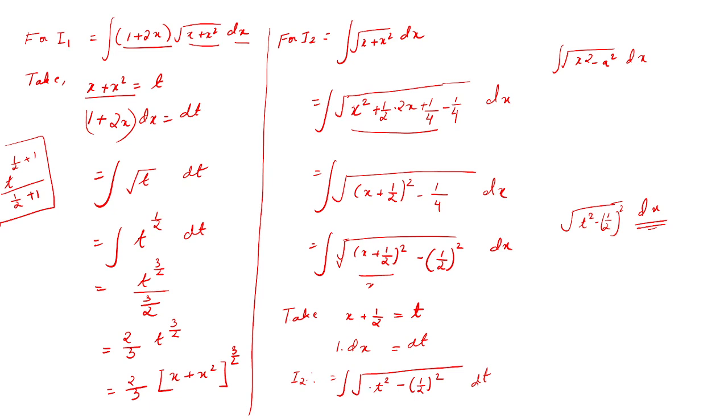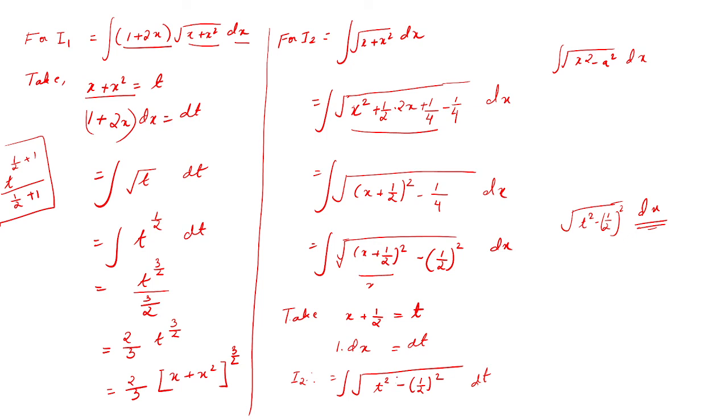If you substitute the given variable x with something, then the differential should also change. This is differentiation with respect to x, so our variable should be x over here. This is differentiation with respect to t, so our variable should be t here.